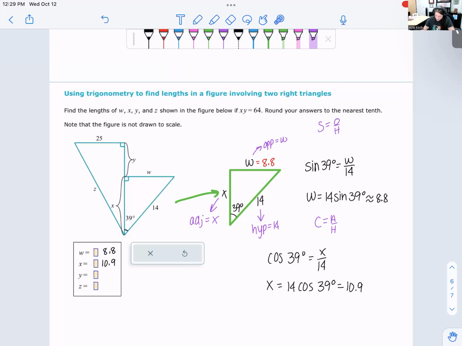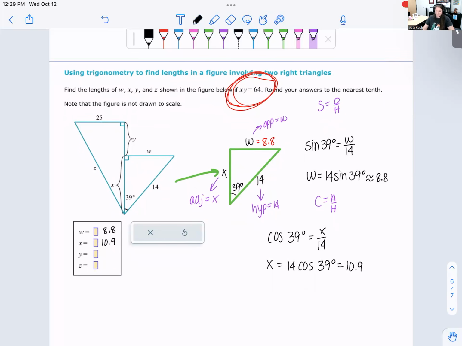All right, I have X, I have W. We need to find Y and Z. And if I didn't have any more information, if I had forgotten about this important fact, I'd be done. There'd be nothing else I can do. Oh, it was 10.9 before. So either way, using the Pythagorean theorem or setting it up like this, you would get 10.9 for X. So X is 10.9.